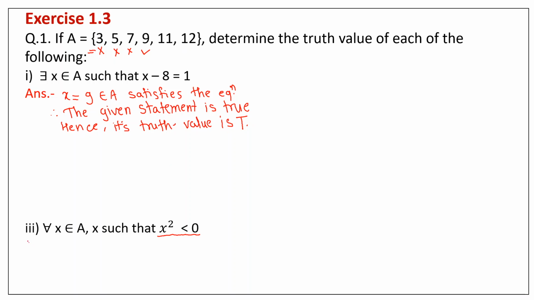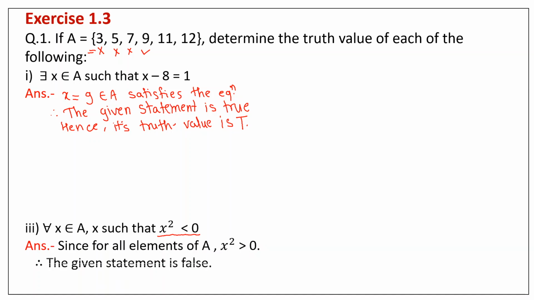So we write, since for all elements of A, x square is greater than 0, that means the square of every element is positive. There is no element which has a negative square. So the given statement is false and its truth value is F.